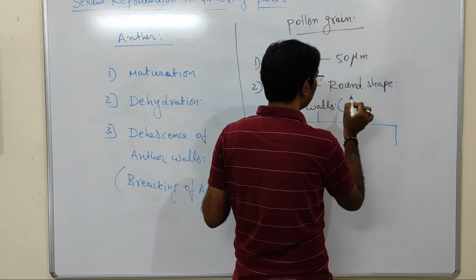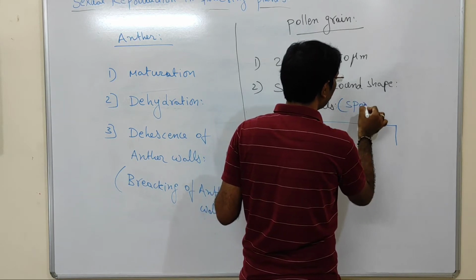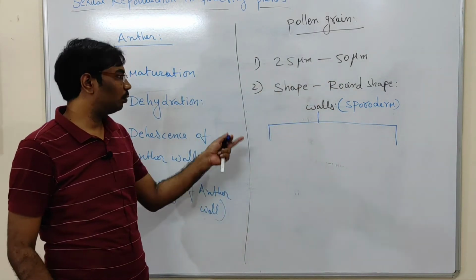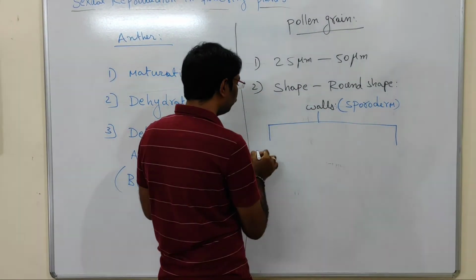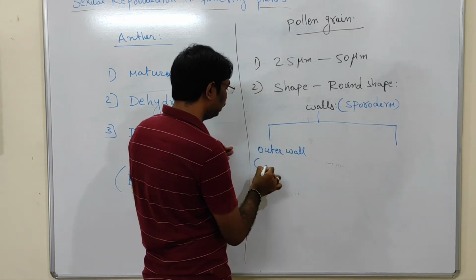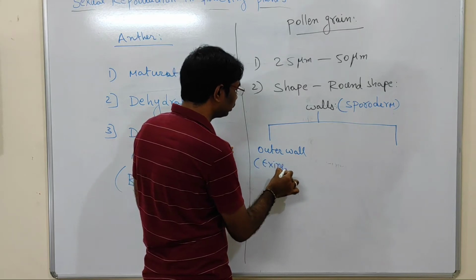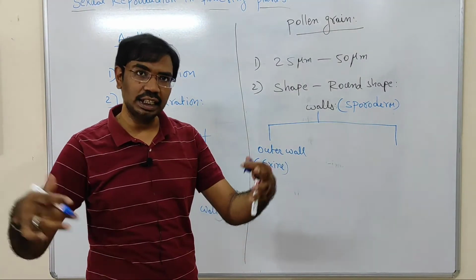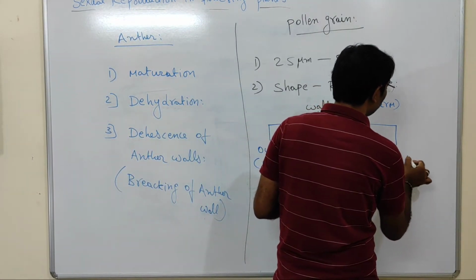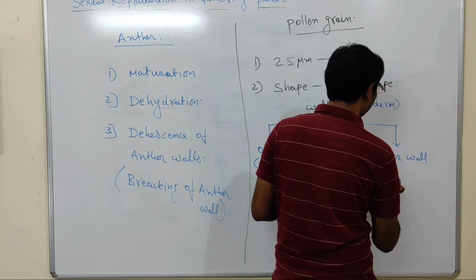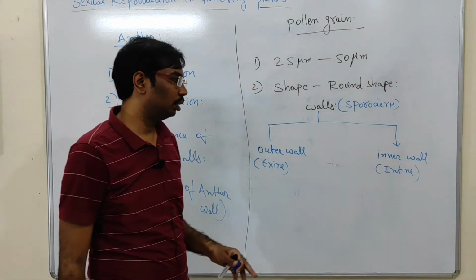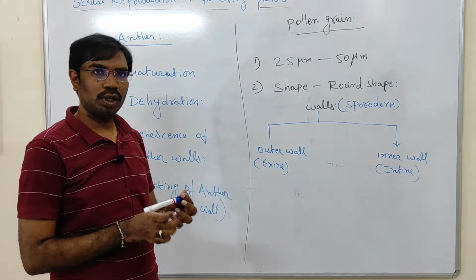So the outer wall of the pollen grain is called exine, and another wall present inside the pollen grain is called the inner wall, or intine. Exine and intine.